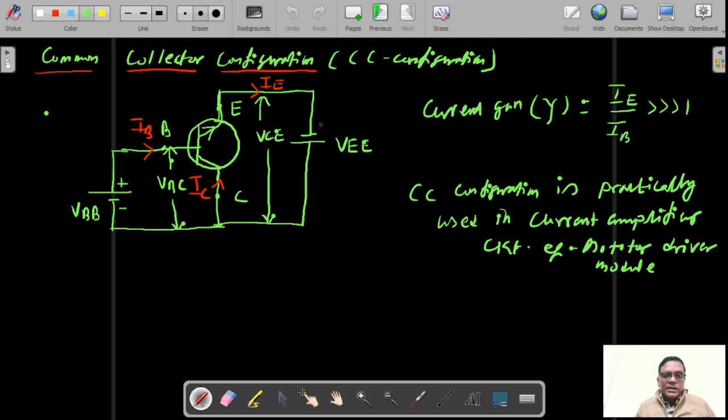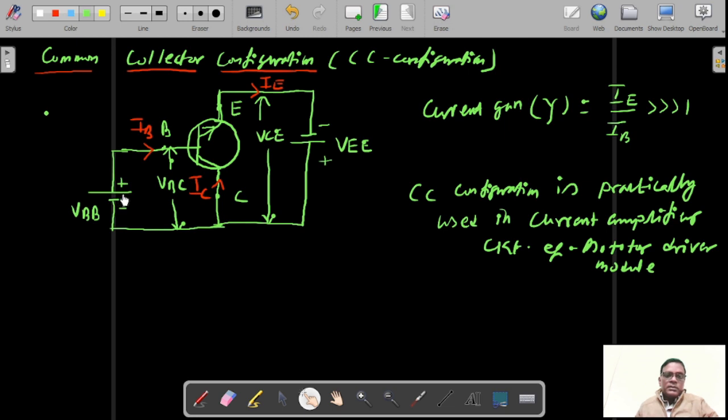The biasing here is taken as negative and this is positive, and the biasing voltage is VEE. Similarly in case of base, according to the direction of base current, this terminal should be taken as positive.